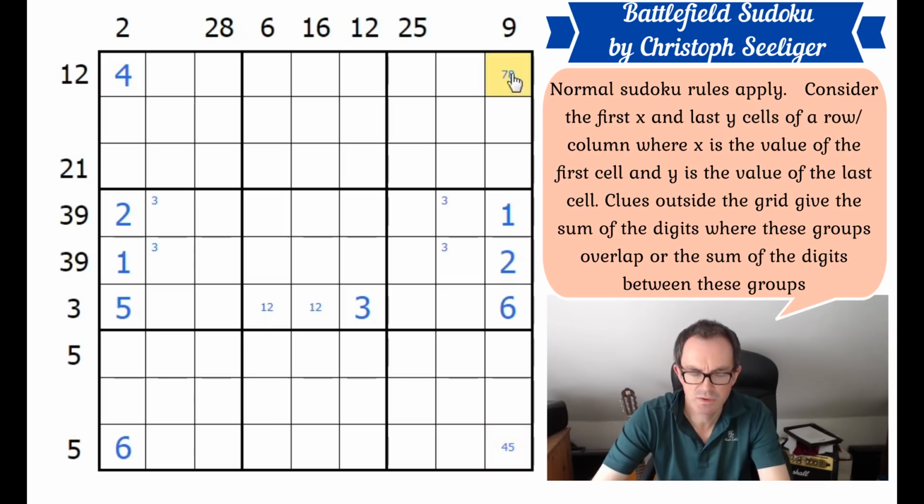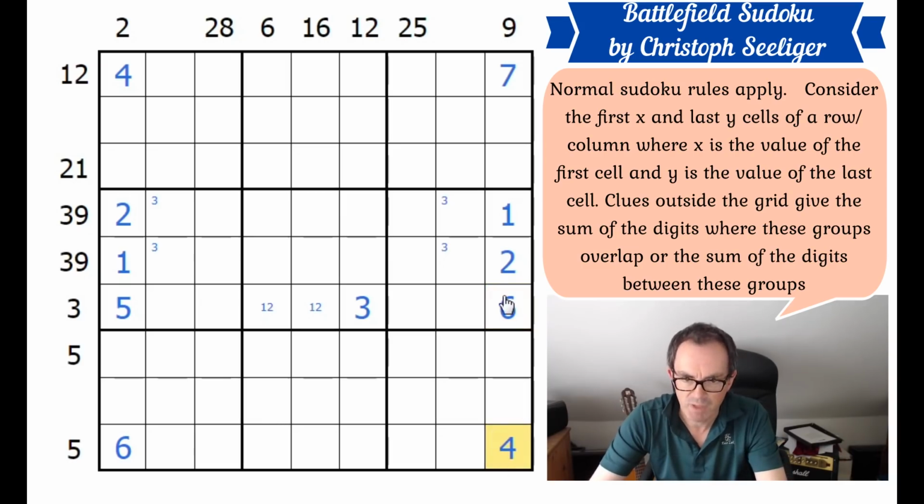That does not work. This has to be a 7. We're looking at 2-cell overlap, and the only possibility of making these two squares add to 11 without repeating the 6 is if this is a 4. So these two squares have got to sum up to 9. This has got to be a 3. These squares are 5, 8, and 9 in some order.